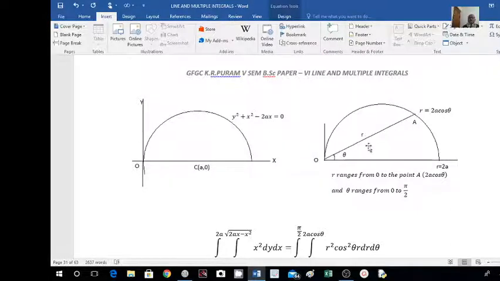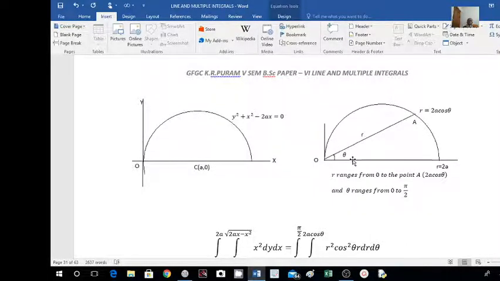If I write this in polar form, the equation of this curve is r equal to 2a cos theta. At the origin we have r equal to 0 and r goes up to this point. That means r ranges from 0 to 2a cos theta, and theta ranges from this point to this point, that is, theta equal to 0 here and theta equal to pi by 2 here.